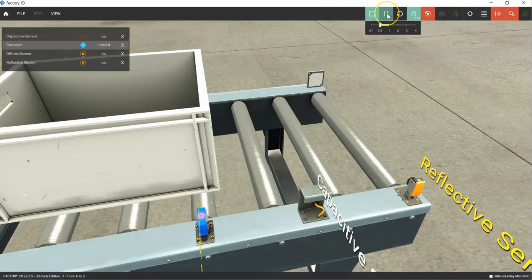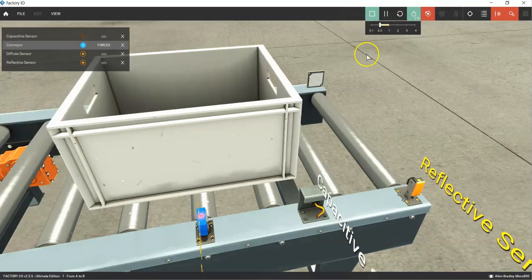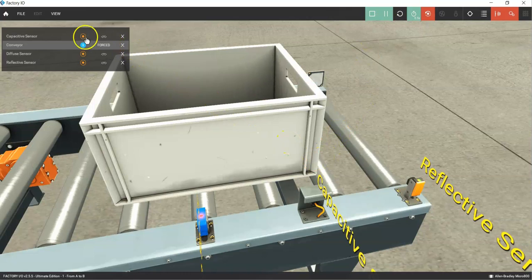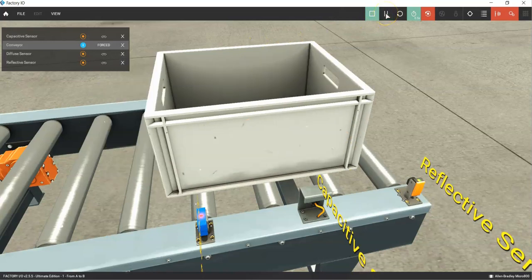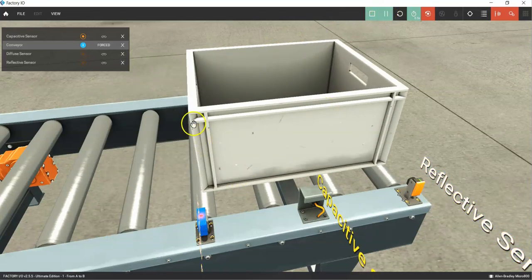I'm going to unpause this, let it get to the capacitive sensor. So now we can see the capacitive sensor has triggered, it is on, therefore it's true, indicating to the box that something is in its presence, basically. Now the back of this box has cleared the diffuse sensor, so it has turned off. And the reflective sensor now has gotten triggered.